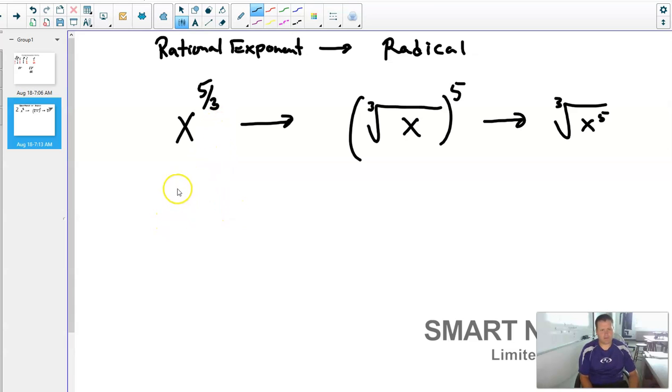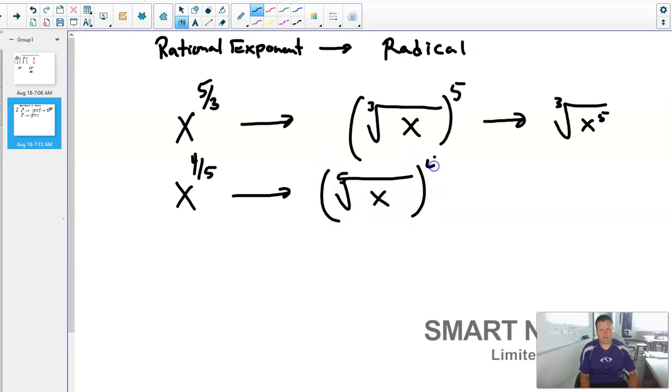Let's look at another one. Let's just stick with x right now. Let's say we've got x to the 4/5. Again, I put my root. This is the 5th root because my denominator always is my root. I go x here, and then the numerator becomes my power.